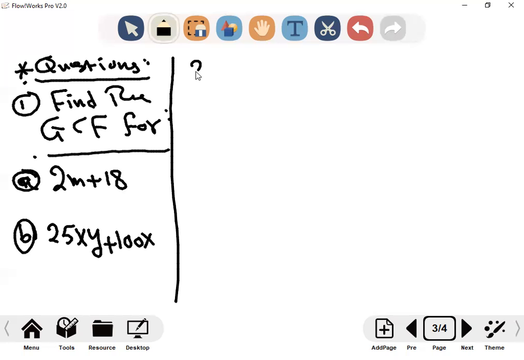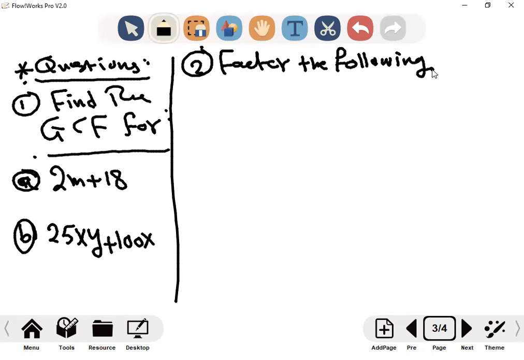Question 2. Factor the following expressions. Write the questions first before you solve. Here I want to do what? Factoring.